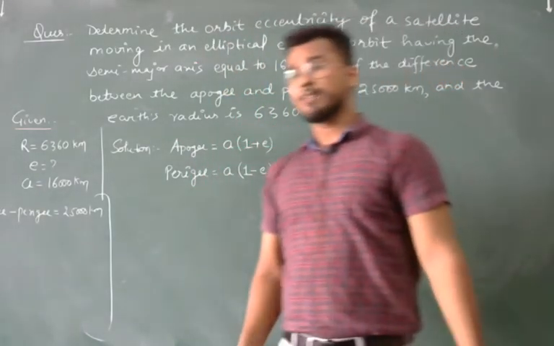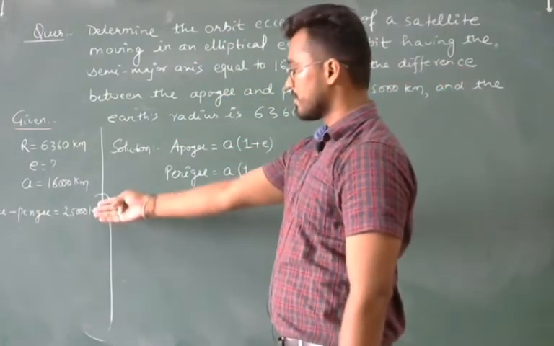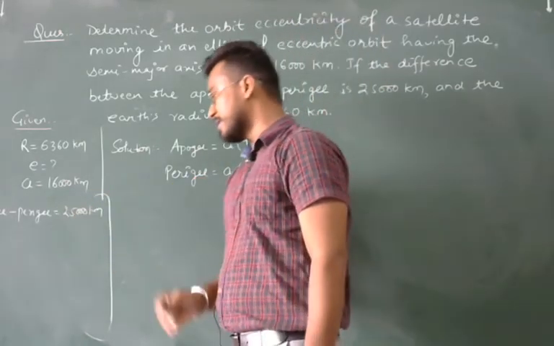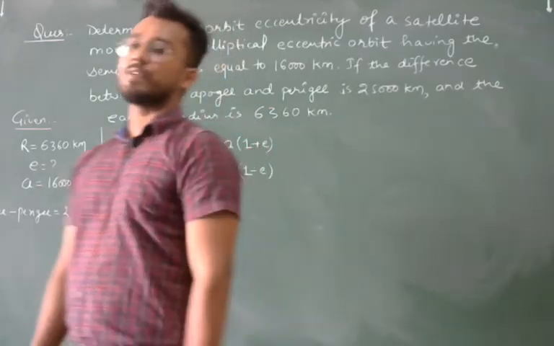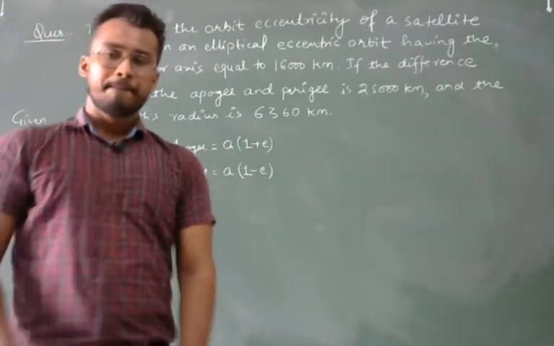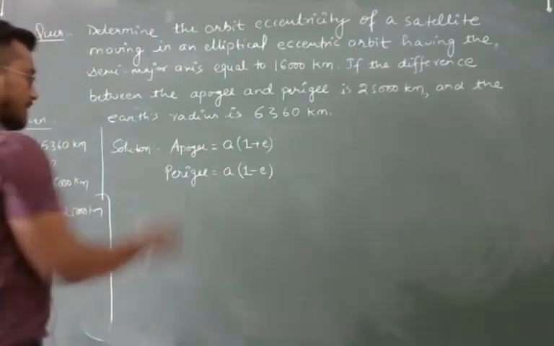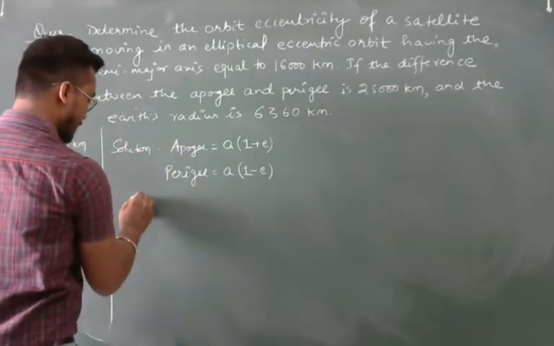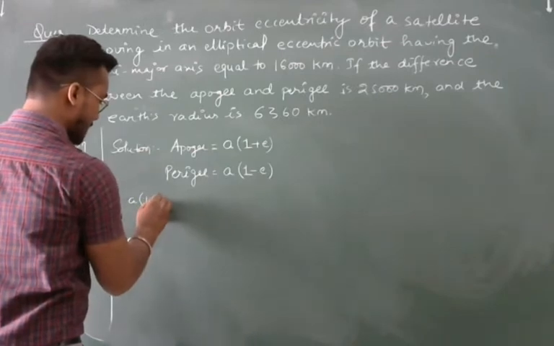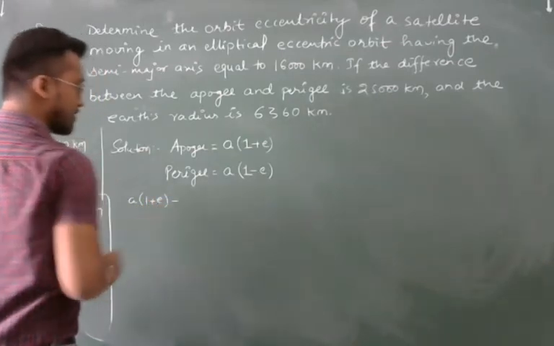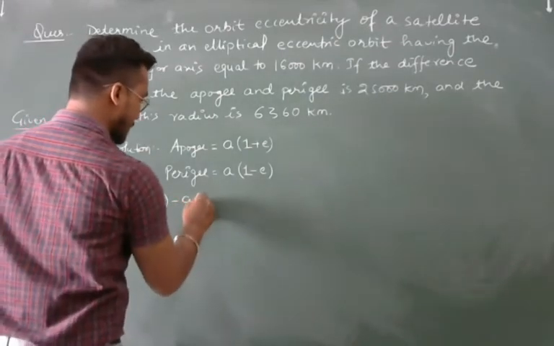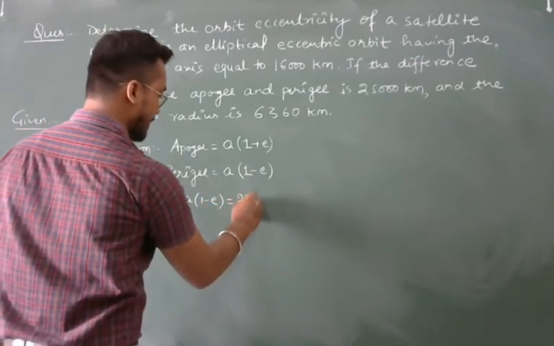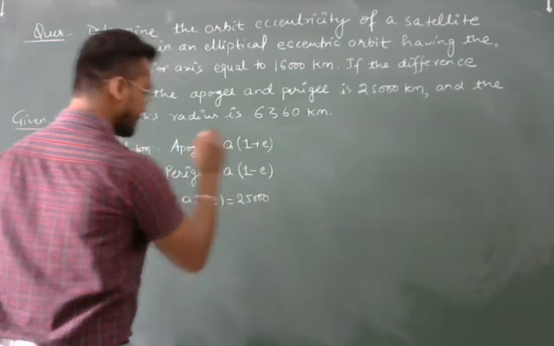And in our question, just have a look: what is given? The difference between these two is given as 25,000 kilometers. So let me write down the difference: A(1 plus E) minus A(1 minus E) is equal to 25,000.